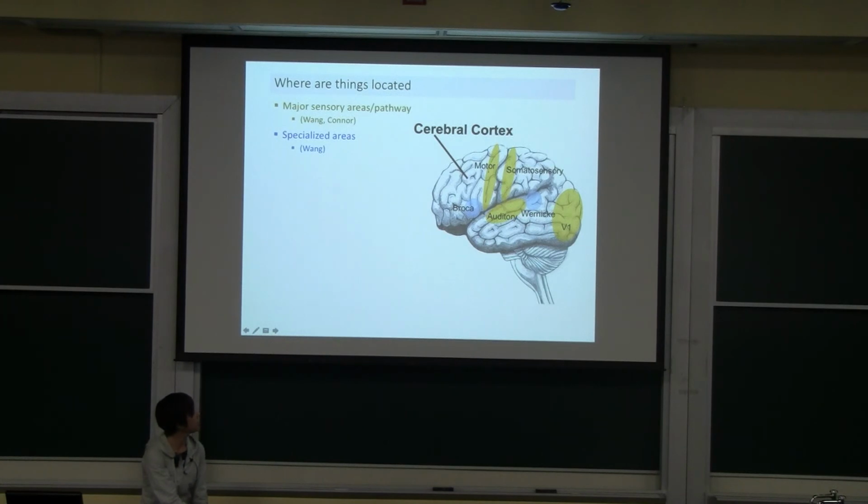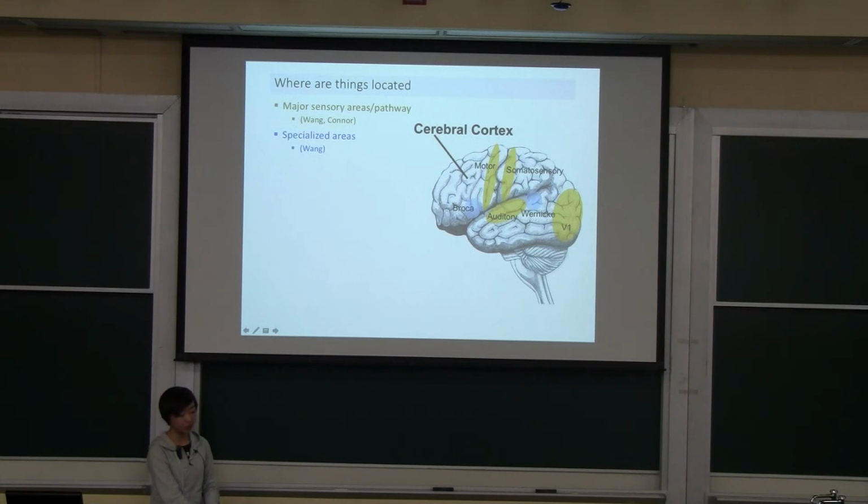And these two specialized areas, one is Broca, which is important for speaking, the production of speech, and Wernicke is more responsible for understanding speech. So you see that the production part is closer to this motor area.